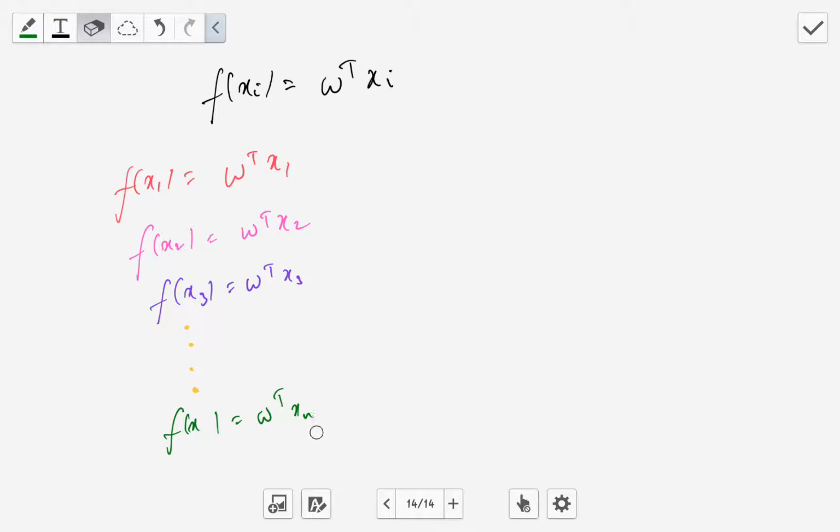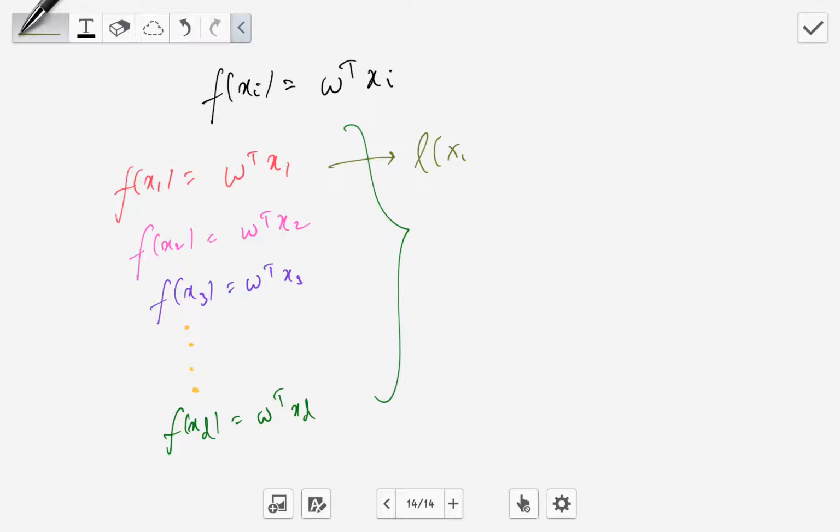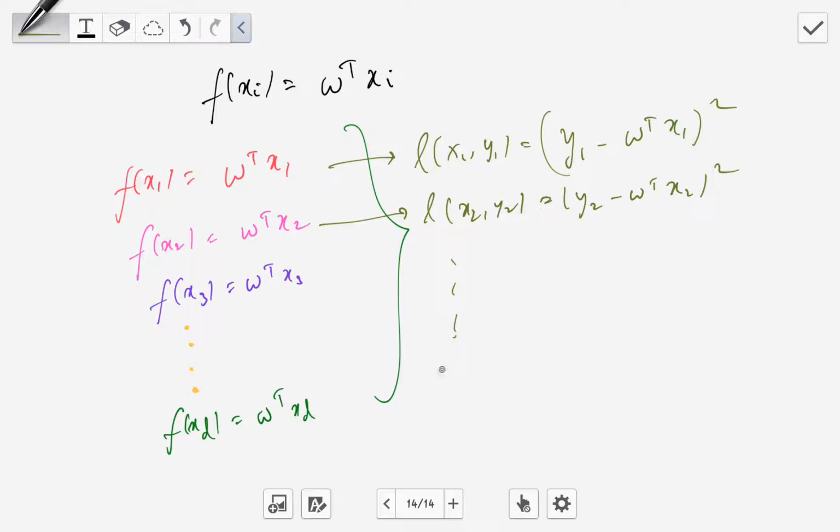Fine. But we have this error also in every sample. What is that? L of x1 comma y1 is y1 minus w transpose x1 whole squared. Similarly, L of x2 comma y2 is y2 minus w transpose x2 whole squared, so on up to L of xn comma yn, which is yn minus w transpose xn whole squared.